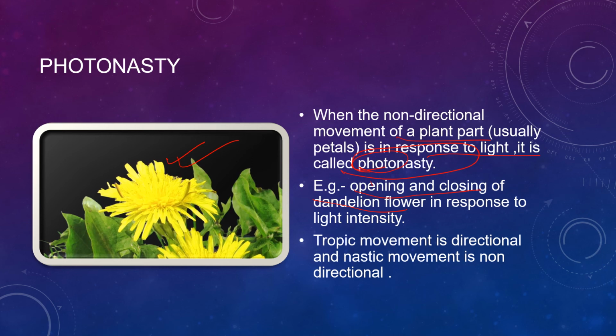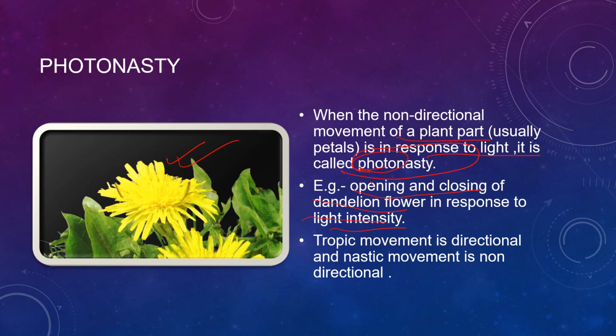So it is in response to the light intensity. In the evening, when the sun is setting gradually, the flowers start folding their petals. So the opening and closing of the dandelion flower in response to light is the photonastic movement, in response to the light intensity.